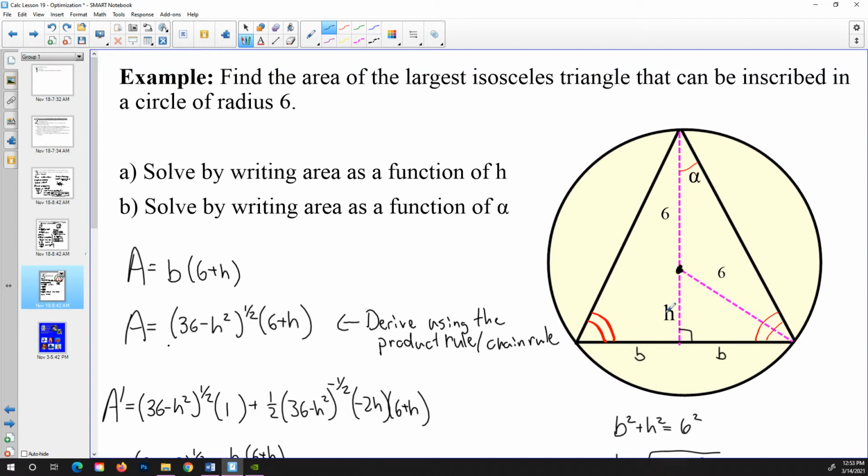If I let h equal 6, because the radius of the circle is 6, it'll go all the way down to the bottom, and I will have an area of 0 because essentially these two sides will become diameters. Now if I let h equal negative 6, it will go all the way back up to here, and again I'll have 0 area because I will have no length in my triangle.